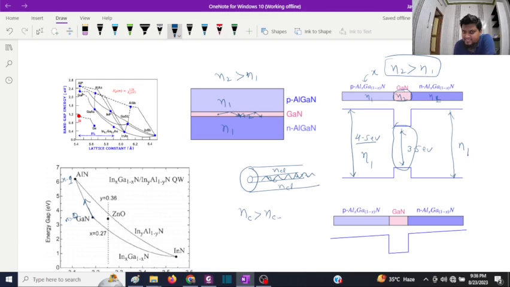Now all the light will be more confined in this gallium nitride region, right? So electrical confinement is what gives a high number of photons generated in this region, and optical confinement says that this light will not leave this gallium nitride region, and that's why this gallium nitride region is also called the active layer or active region in terms of LEDs or laser diodes.